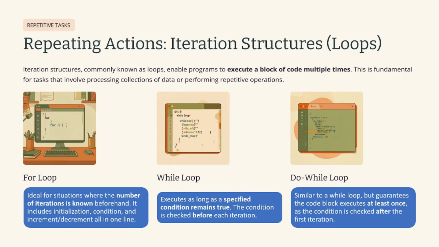It means you know the number of iterations. If you want to print the factorial of a number, you know how many times the loop will iterate. If you want to check whether a number is prime or not, at that time, you will choose for loop.